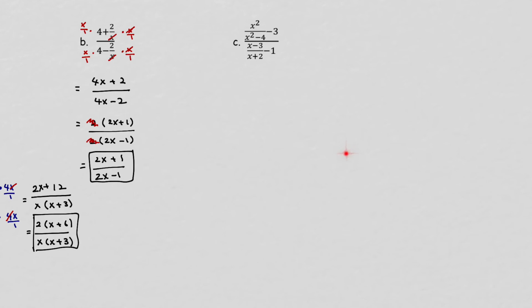So this one right here, you have this small denominator. If you want to get rid of that, we need to find the LCD of these two, right? So I'm going to look at x squared minus 4, which is a difference of squares, 2 squared. So that's going to be x minus 2 times x plus 2. And then this other small denominator, it's already there.